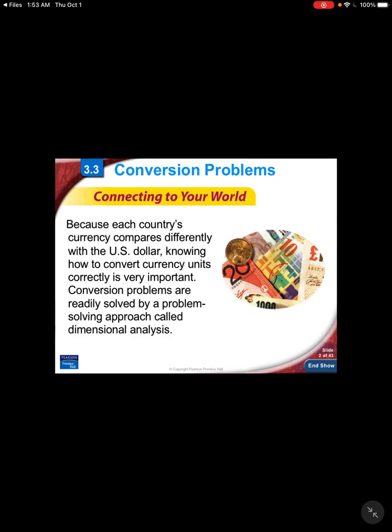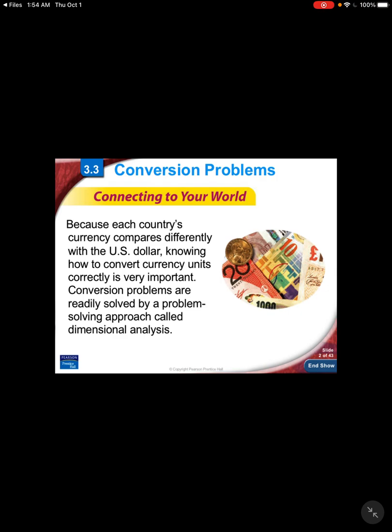If you travel around the world, you have to work in economies with different types of currency, and there are always values given to the different currencies so that you can convert between, for example, if you were to go to Mexico, dollars and pesos.